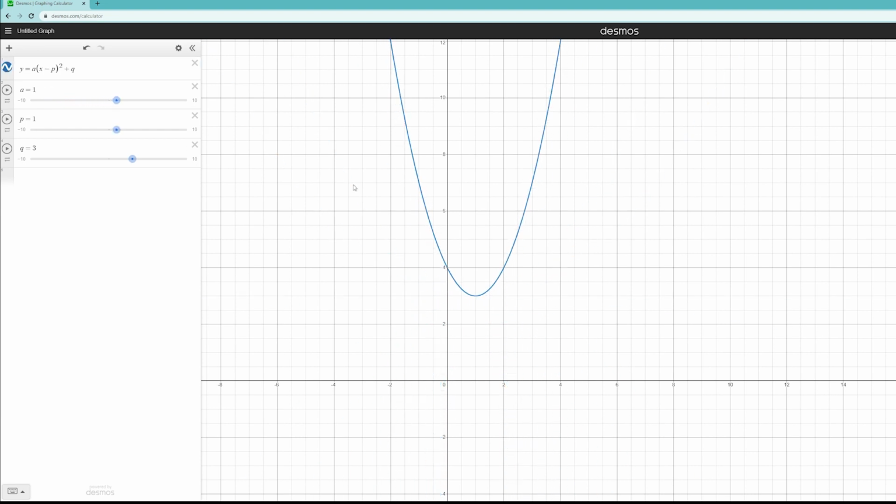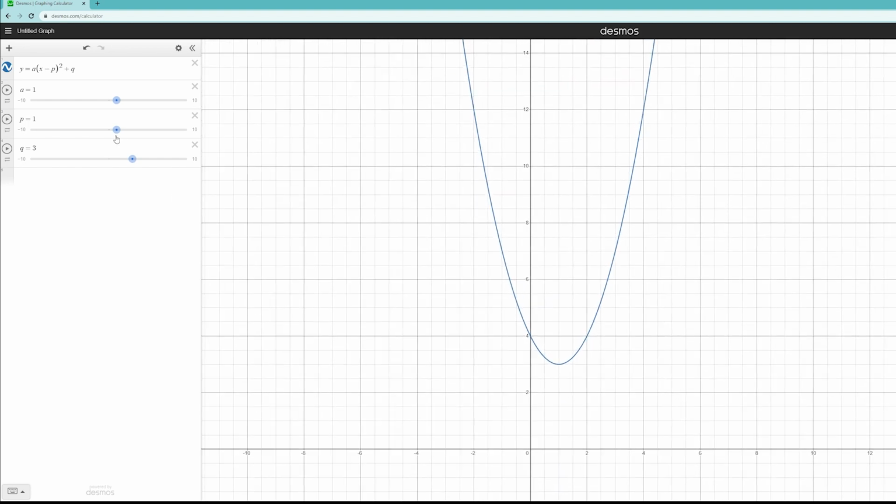And we're going to go ahead and play around with this p value. So right now p is equal to 1. Okay, and we can see here that our vertex, the lowest point of our parabola, remember our U-shaped curve, is at (1, 3), so an x value of 1 and a y value of 3.